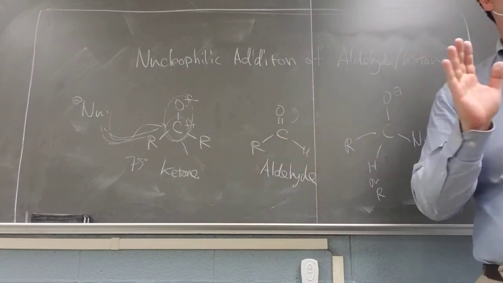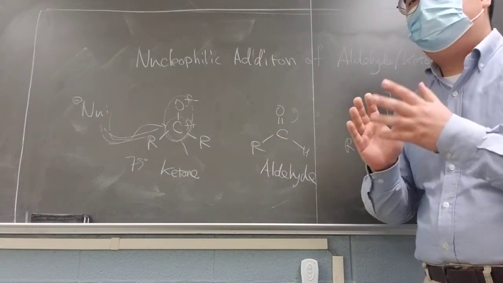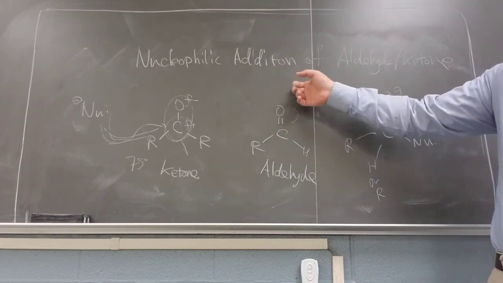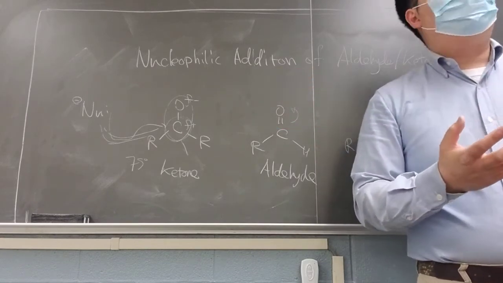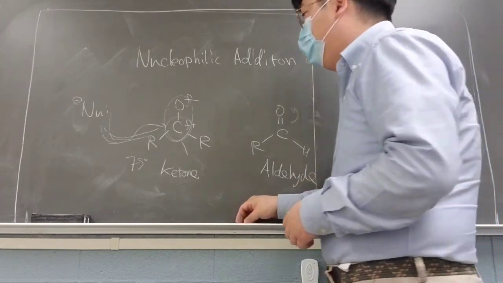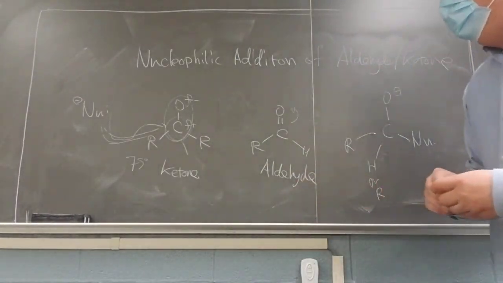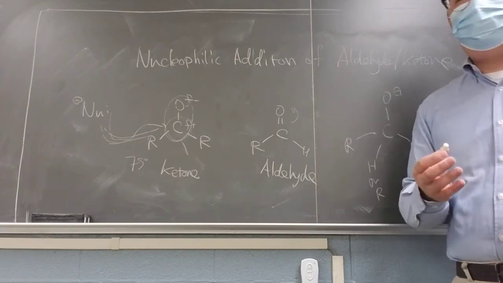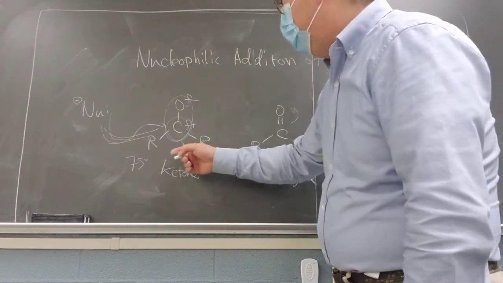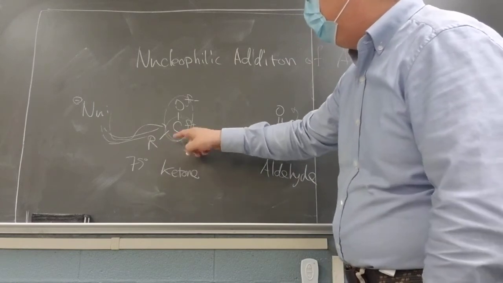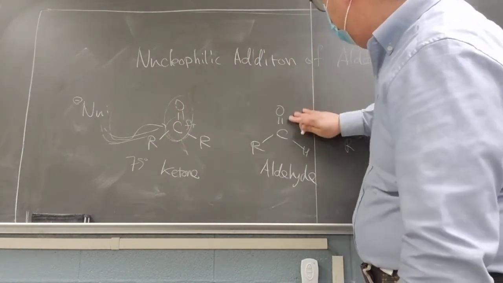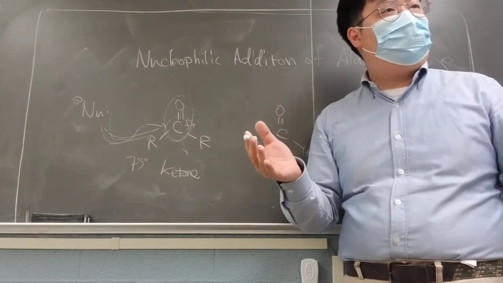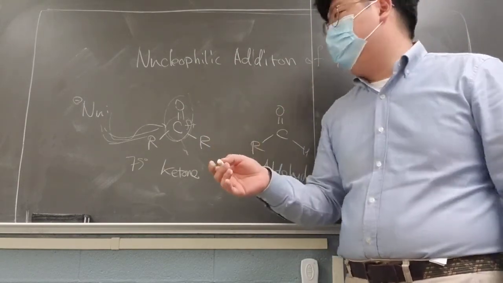So this is kind of the reason why you see the aldehyde will become more reactive with this type of nucleophilic addition. There are 2 main reasons here. If you think of the steric hindrance, this ketone is linked to these 2 R groups, which are much bigger than hydrogen and a bit bulkier than hydrogen.